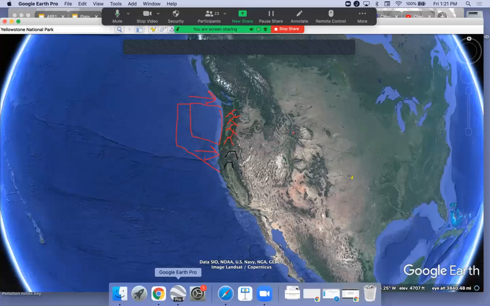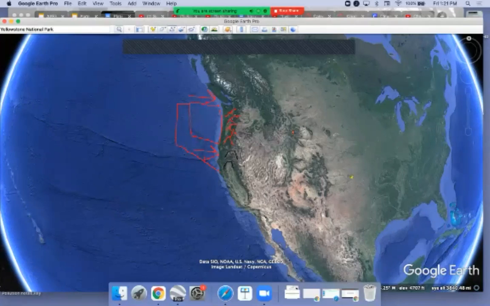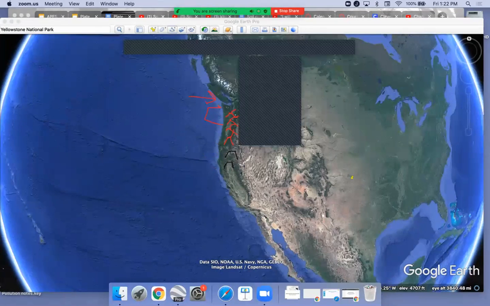So if we fast forwarded like 50 million years, then what we're going to slowly see is this Juan de Fuca plate just slowly disappearing. Okay. And it's going to slowly disappear until there's nothing left of it. So as it disappears like this, then the volcanoes in Oregon are no longer going to be active.